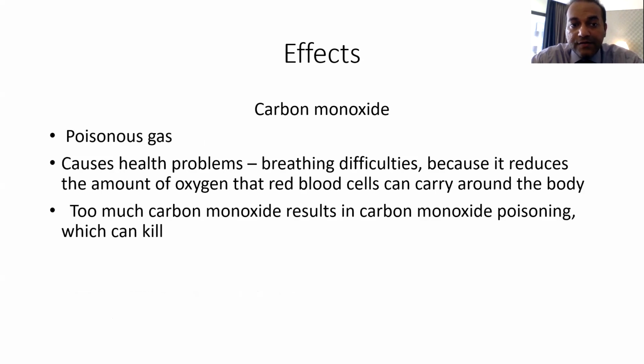In a small amount, it causes breathing difficulties as it reduces the amount of oxygen that can bind with the red blood cells, because when there is carbon monoxide, the red blood cells bind with carbon monoxide, making them unable to carry oxygen. Too much carbon monoxide results in carbon monoxide poisoning, which can kill any organism. So this is the effect of carbon monoxide.